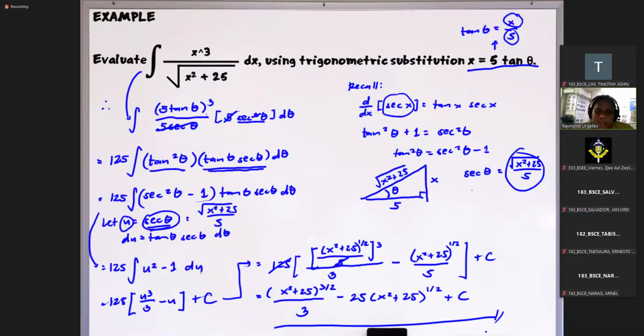Diba? So although as you can see, medyo mahaba yung solution, kasi marami tayong ginawang substitution. So una, nag-trig sub muna tayo. So then we have the basic substitution method. Okay? Okay ba? So makikita natin dito na ito yung reason kaya again nawala yung 25 dun sa choices sa board exam. No? So nung kinancel niya to, so probably nakalimutan niya na mayroong 125 dito, so hindi niya na divide ng 5 right here.